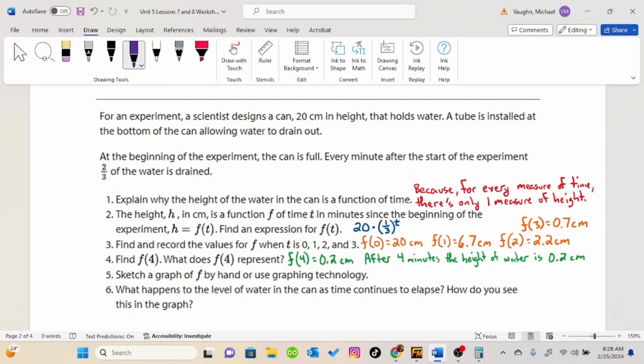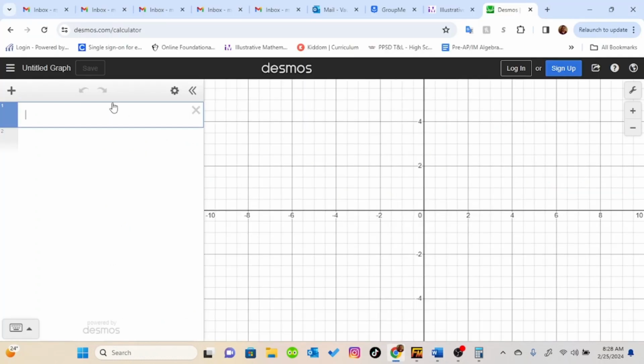Number 5, sketch a graph of f by hand or use graphing technology. So we will use graphing technology.